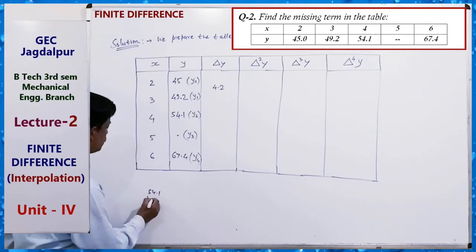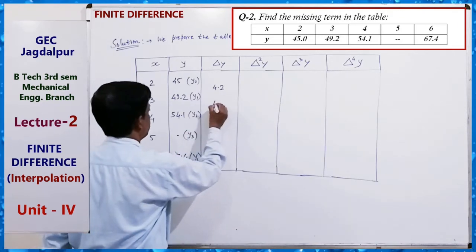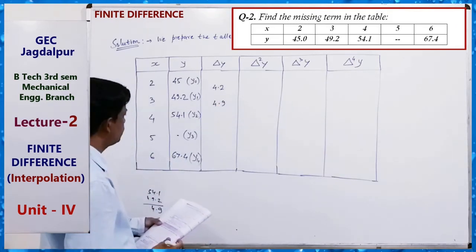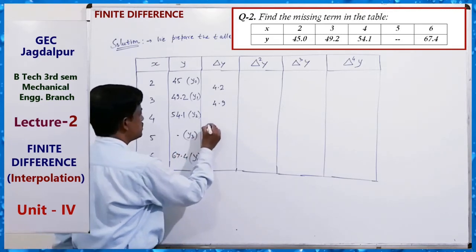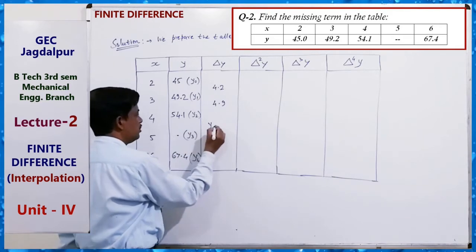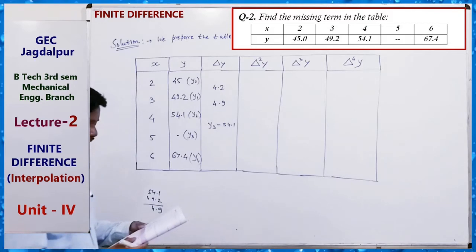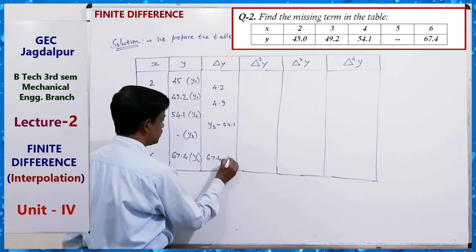54.1 minus 49.2 is 4.9. Then y3 minus 54.1, and 67.4 minus y3.